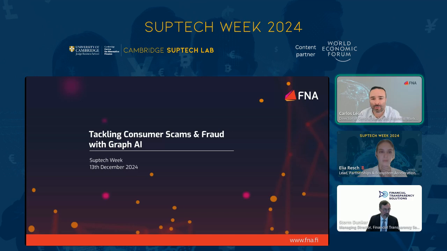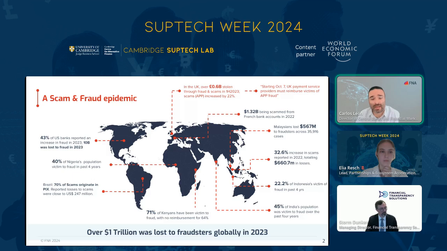So that's what I'm going to tell you a little bit about very quickly. So first of all, I have to say that scams and fraud is really an epidemic. I mean, all countries that have deployed their fast payment systems have been suffering from a lot of scams and fraud in the last years, and this has become a very difficult problem to solve.